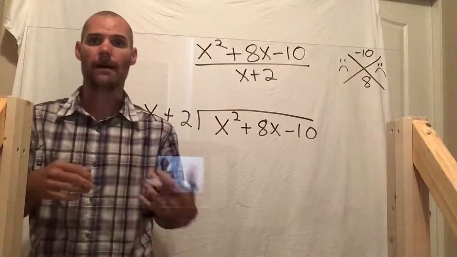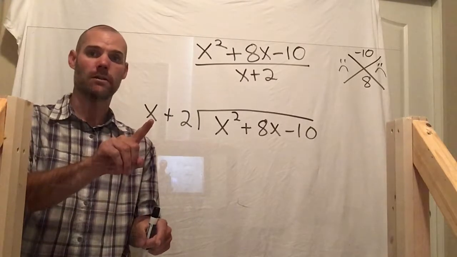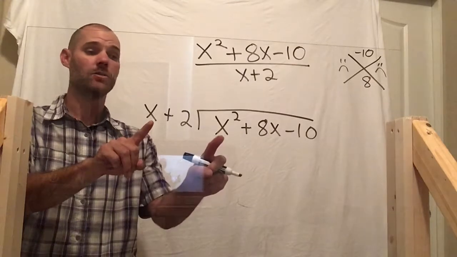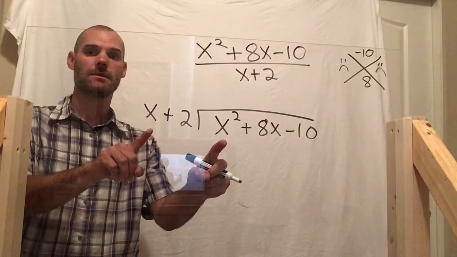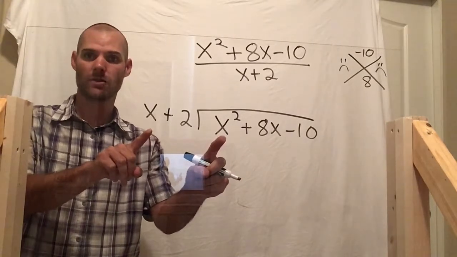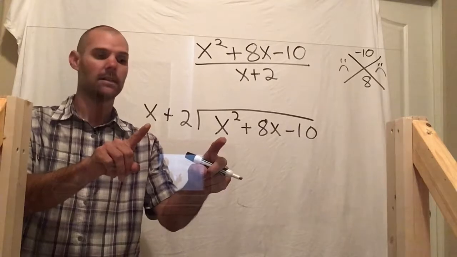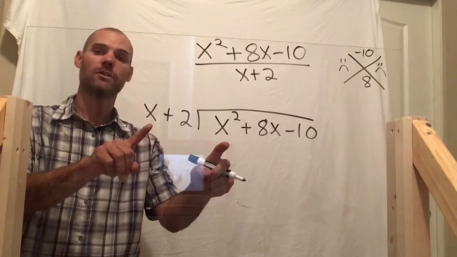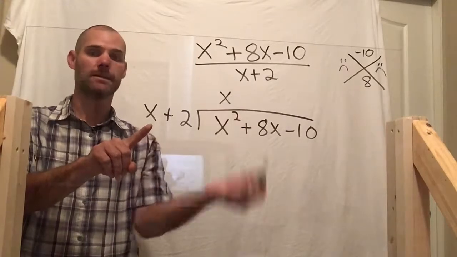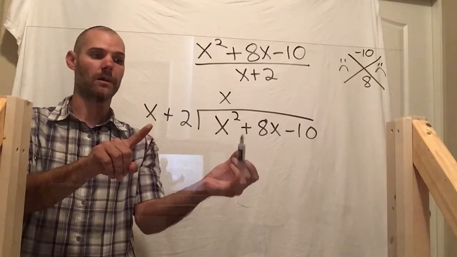Now, for the first term, what would I multiply by to get to the first term in here? So x times what gets me to x squared? Well, x times x gets me to x squared. I'm not going to put the x there, because that would be an x to the first, which would not line up with x squared.